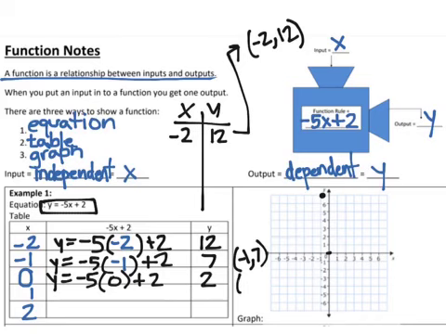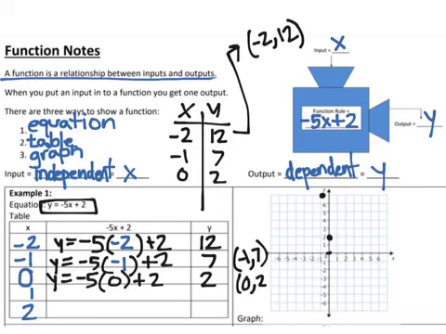So we have another point at 0, 2. So we can kind of fill in our table of values there. And we've got a point at 0. So 0 left and right. We're not going anywhere that way, but we are going up 2. So 0, 2 is our next point there.